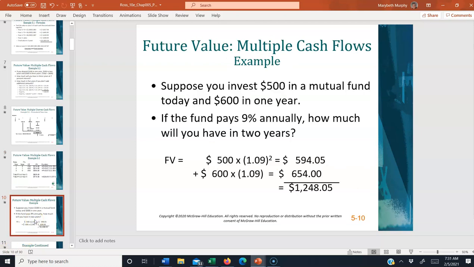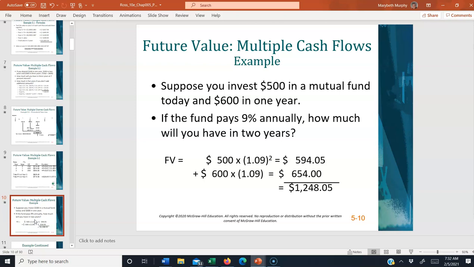Okay, future value, multiple cash flows. Here's another example. Suppose you invest $500 in a mutual fund today and $600 in 1 year. If the fund pays 9% annually, how much will you have in 2 years? Okay, so if we invest $500 today, that means it would earn interest for 2 years because we put the money in at the beginning of year one rather than at the end of year one.